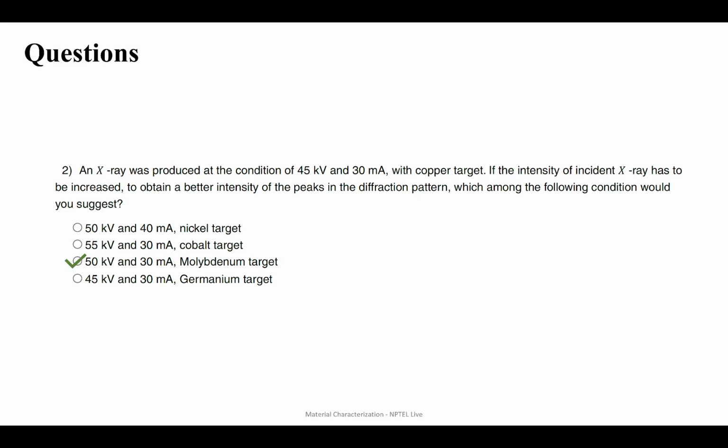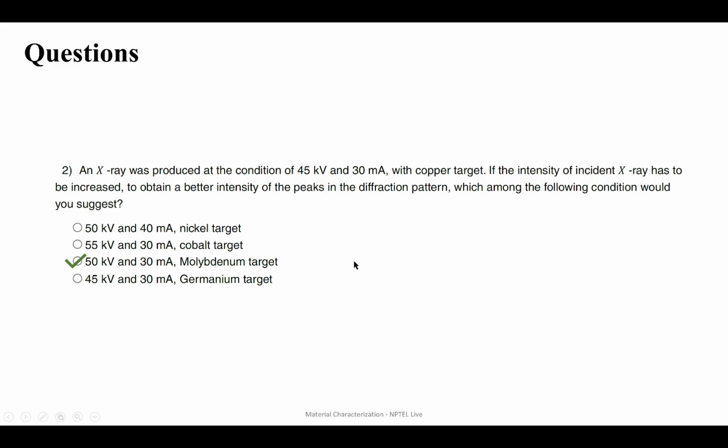So the answer here is C. If we want to increase the intensity of incident X-rays, then the answer might look like C, because if you put all of this in the formula of intensity, that is proportional to A I Z V squared, then you will see that C has the maximum.